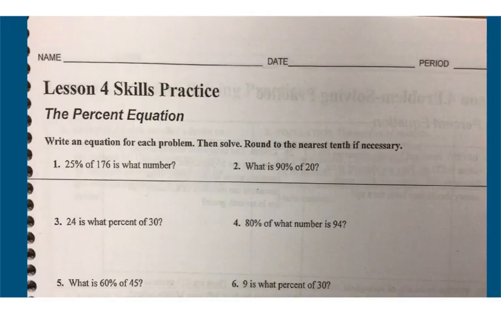On the next page, it talks about writing an equation for each of these problems and then solving, rounding to the nearest tenth if necessary. So we're going to set up an equation. I'm going to write this at the top of the page to keep this in mind. We always know that we can find the part when we multiply.